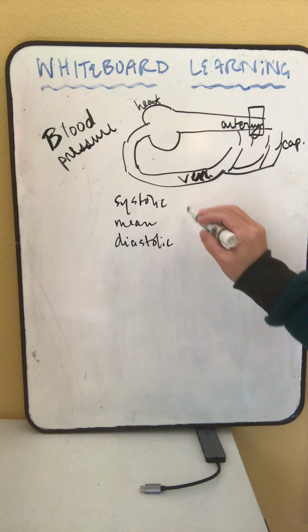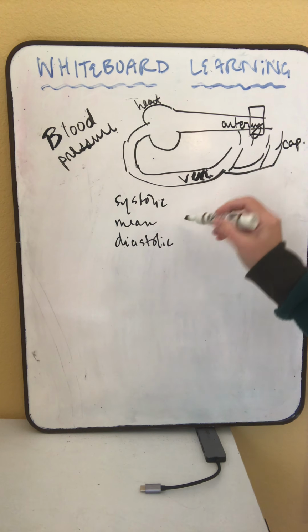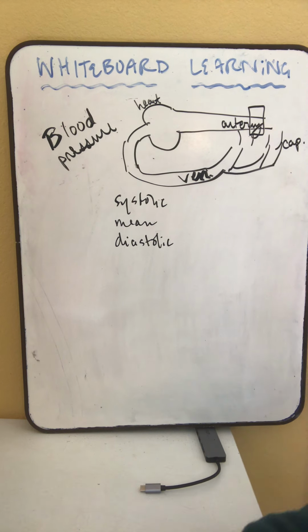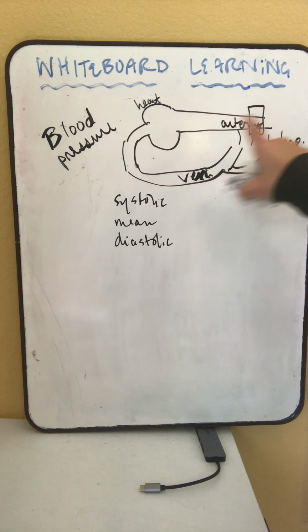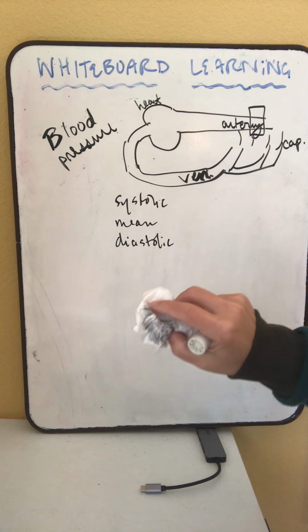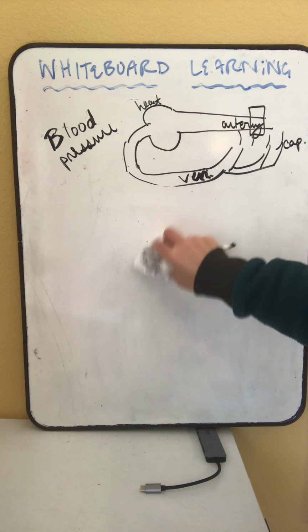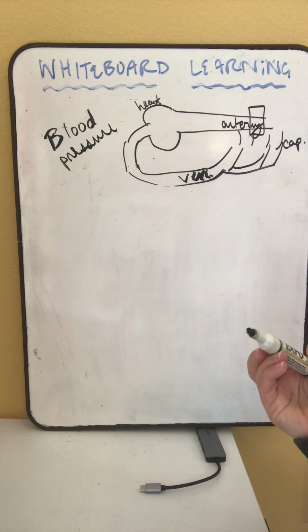Systolic is the highest, diastolic is the lowest, and mean is about a third of the difference of the two up from diastolic. Mean is thought to be more representative of your delivery pressure over time because it's sort of the average pressure. So we're going to talk about mean pressure, but you might be measuring systolic pressure, and that's okay when we talk about the things that affect it.